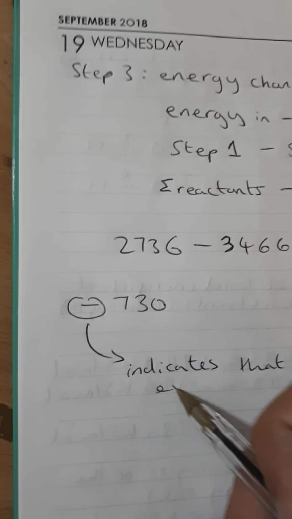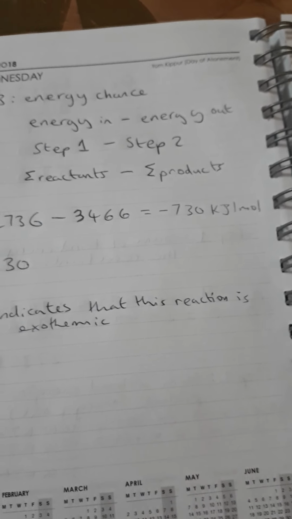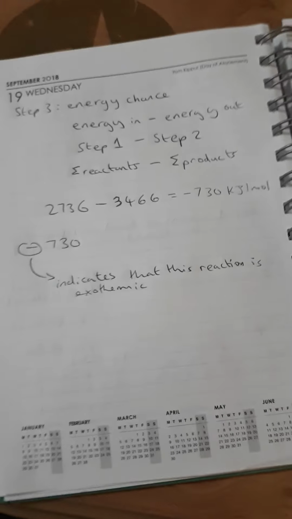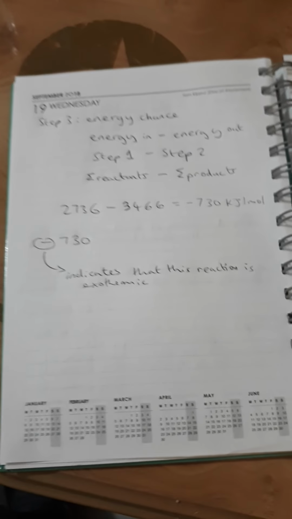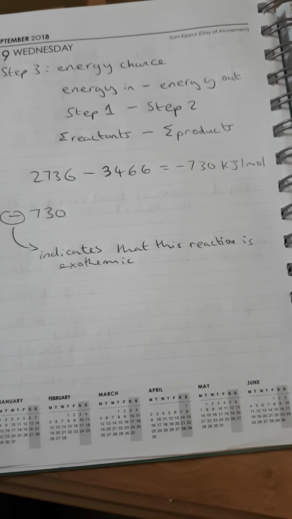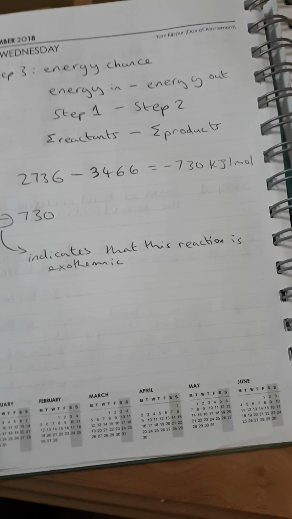So that means when we look at our equation, our energy in is less than our energy out. So energy is released in this reaction. Okay, so anytime that you see a negative sign, if your energy in is less than your energy out, then the reaction must be exothermic because energy has been released.